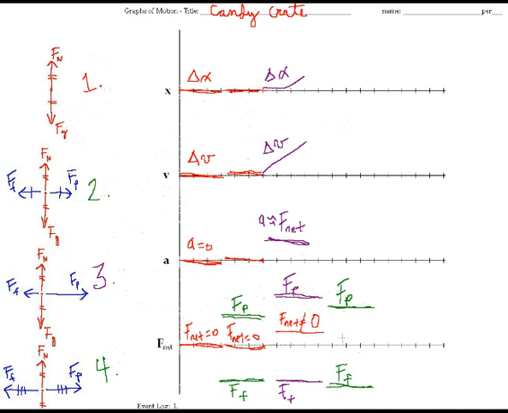And so since they equal each other, your net force, once again, will be equal to 0. And so your acceleration drops back down to 0. And then what that means is that your velocity will no longer change.